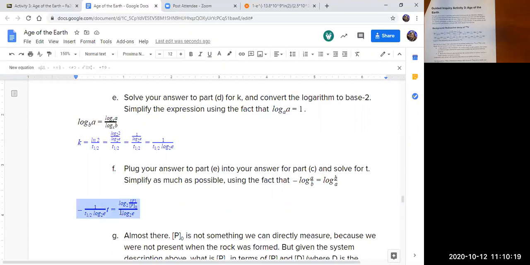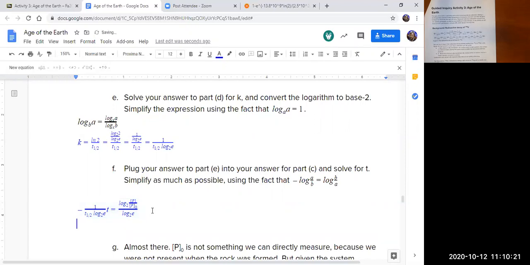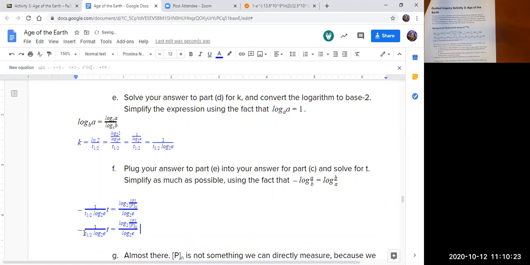So take this, copy it down. The t's on this side, so basically what we have to do is multiply through by negative this. So I'm going to go ahead and do the negative part first. Get rid of the negative there, put a negative over here. We're multiplying through by the denominator here.